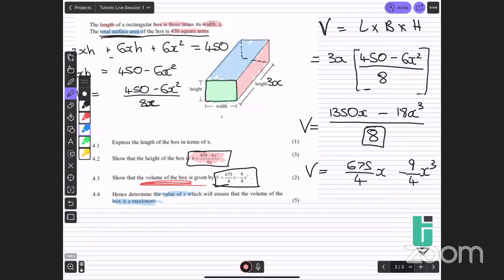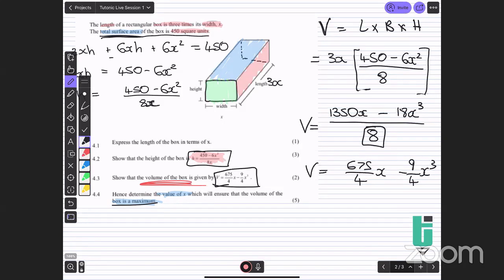Why derivative equals 0? Because they're asking for the maximum. So the maximum is at the turning point. Just be careful, there's two things. The x value of the turning point is not the maximum. The x value is just the x value of the maximum. We don't know the maximum yet, we just know the x. We can work out the x value that when you sub it in gives you the maximum. Do you see that?